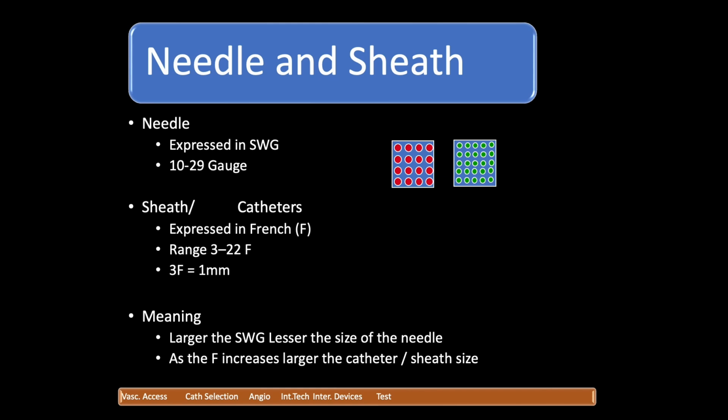So which is bigger? A needle of 24 standard wire gauge or a 24 French sheath? Sheath is bigger. To convert sheath size into millimeters, you divide it by 3. 24 divided by 3 is 8 millimeter. So 8 millimeter is the diameter of that particular thing.